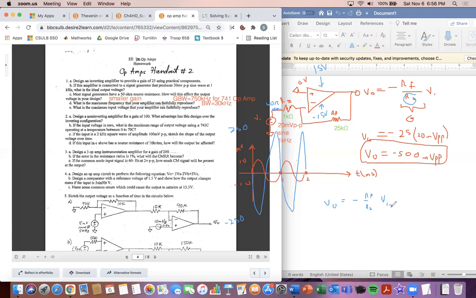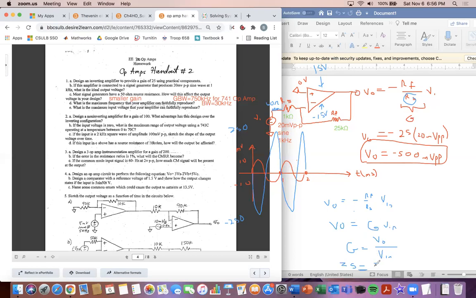So what we can do here is, we know the RF over RS, we can just say that our gain times the input voltage, so we can rewrite this as gain is equal to the output over the input voltage, and our gain is 25, we know in this equation, and the max output is going to either be positive or negative 14 volts, because it can go within that for our op amps.